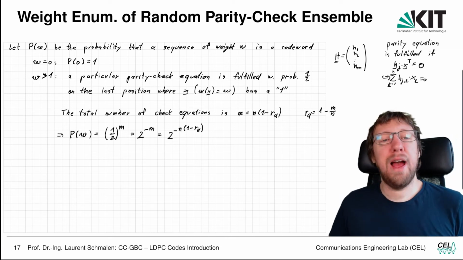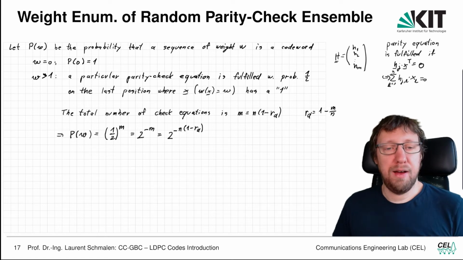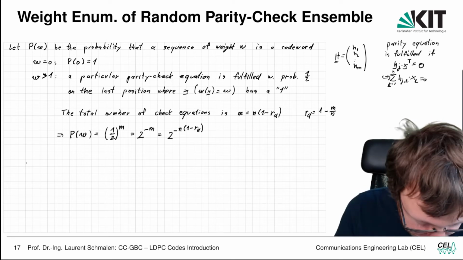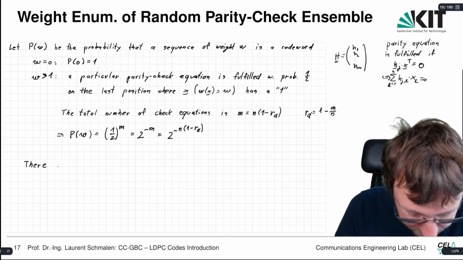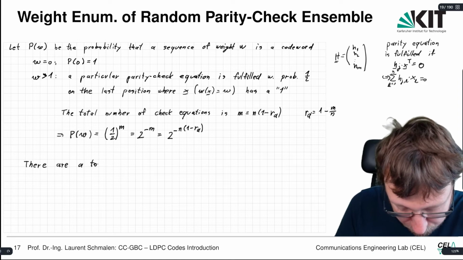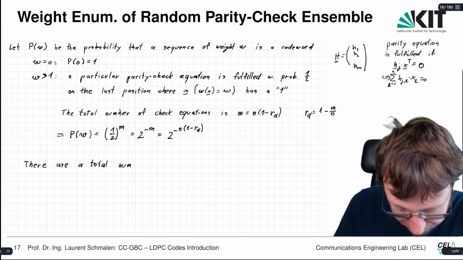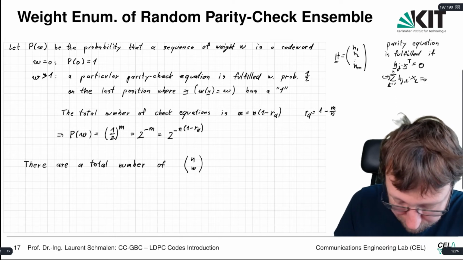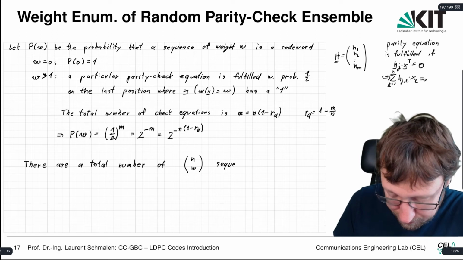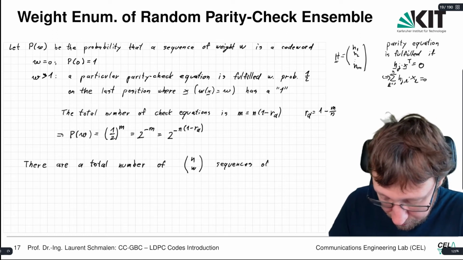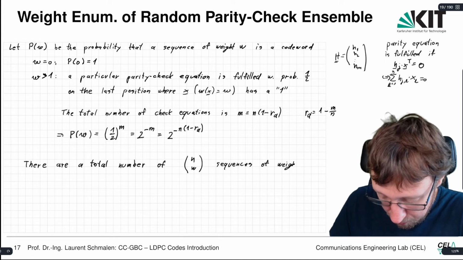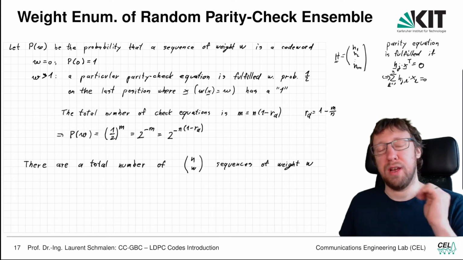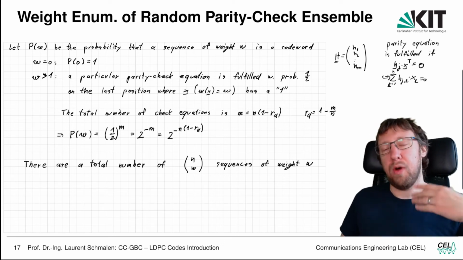Okay, so now we can calculate the average weight enumerator, because we know there are a total number of n choose w sequences of weight w. How many sequences of weight w are actually code words? And that's what the weight enumerator tells us.